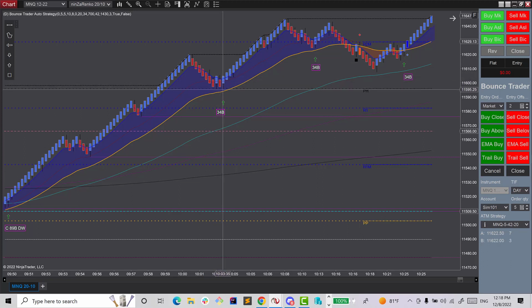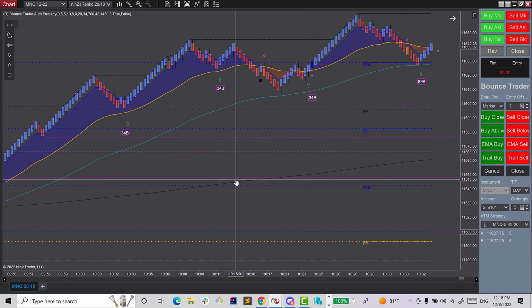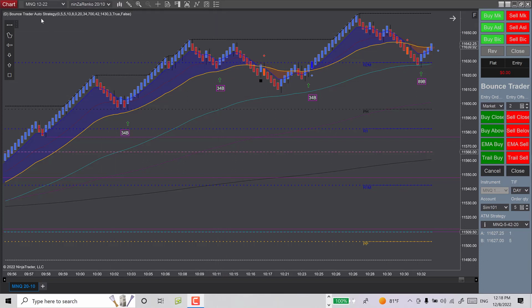But by the time it closed here, it cleared those highs, so it was a good signal. It's another signal, and we had another signal here, 34B.